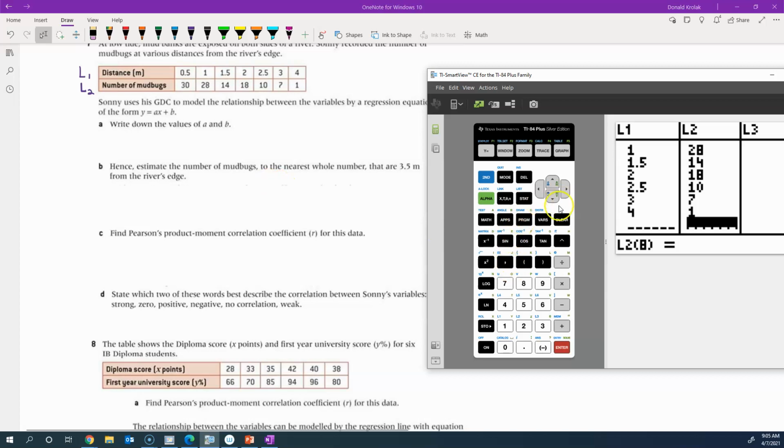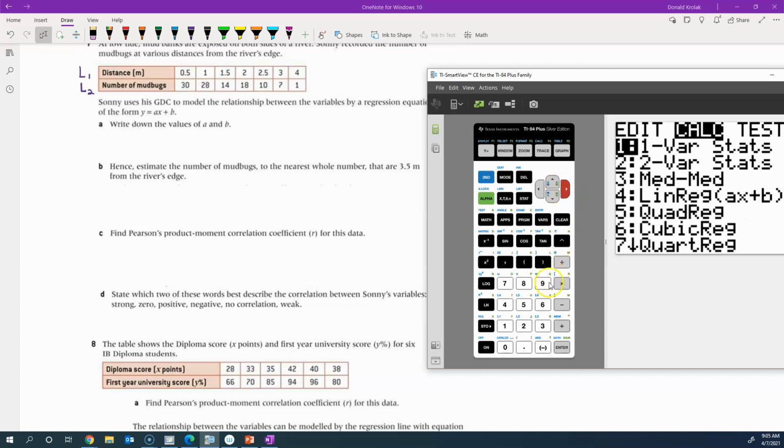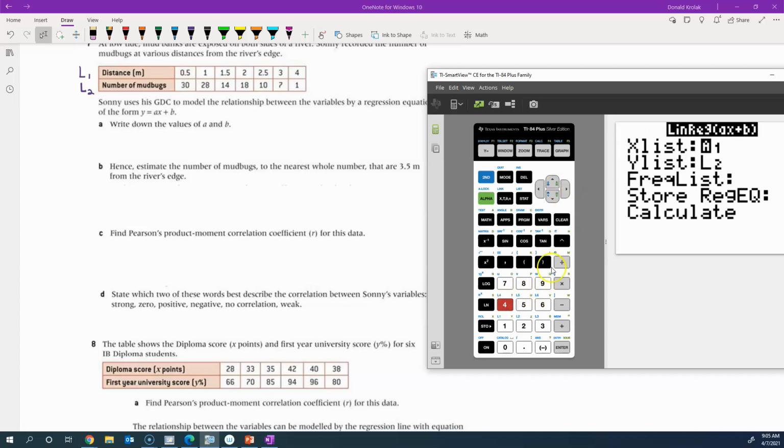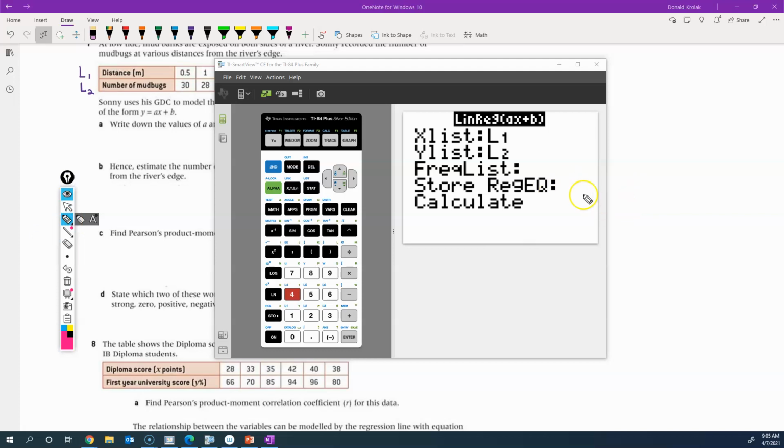All right, now you get your equation, so you go stat, calc, number 4. Okay, now to store the equation, remember for this part, when you want to store the equation, so this guy right here, that's when you go y variable, then you use the right arrow key, and then you go enter, enter.